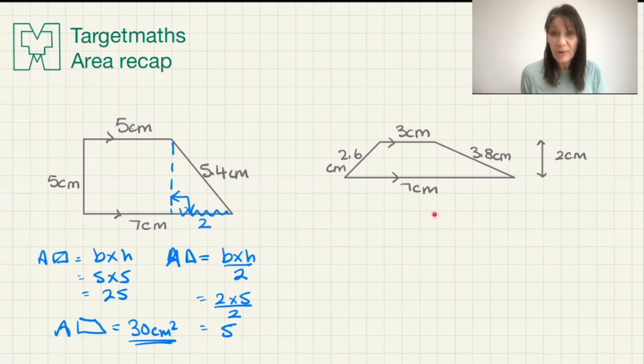So we are going to learn the formula and we're going to apply it all the time, even if we can get away with not using it, so that we become confident with it. Okay, so this question here, which again is a trapezium, we want to find the area of. If I was to do the split system, I'm just going to show you why it's important.